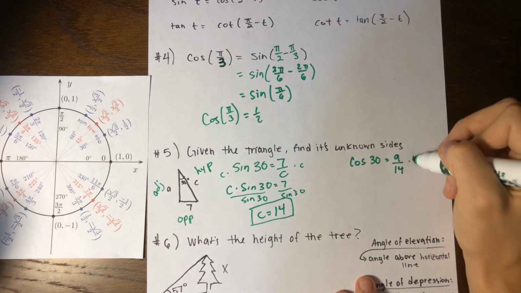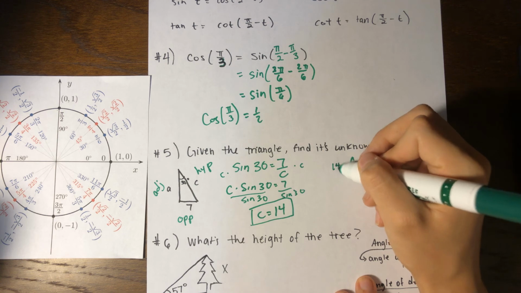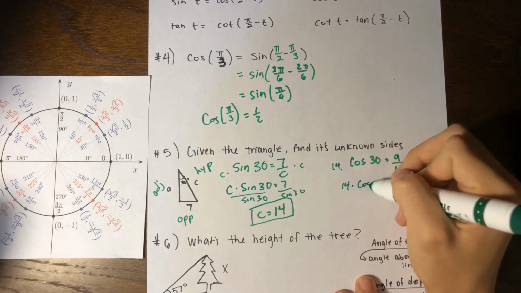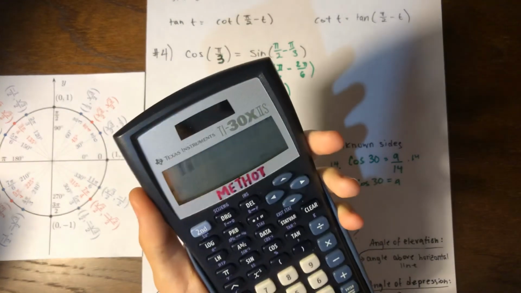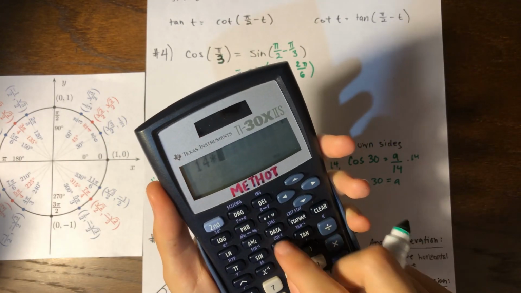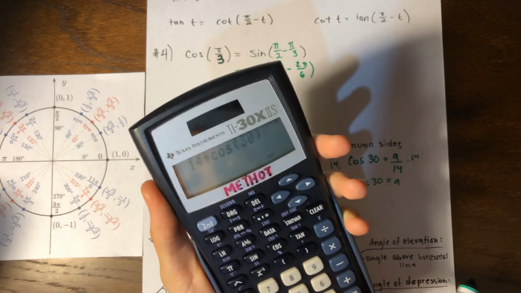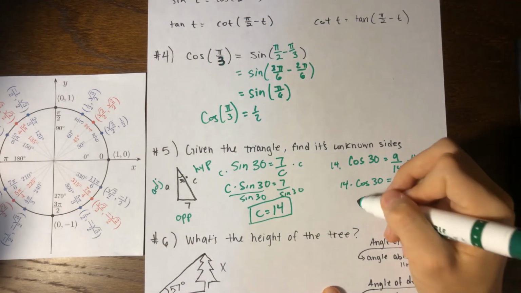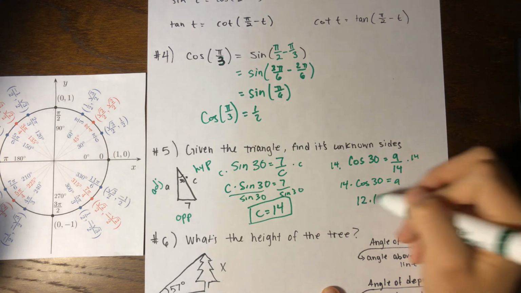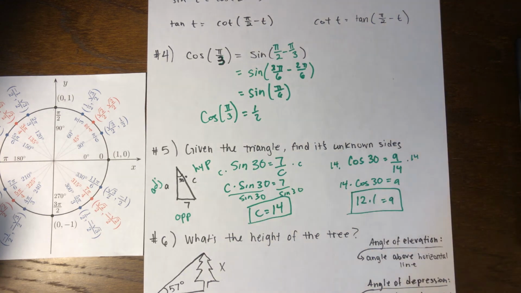If I multiply by 14 on both sides, I have 14 times cosine of 30, that's going to give us A. 14 times the cosine of 30, I get 12.1. Okay? Make it easy on yourselves.